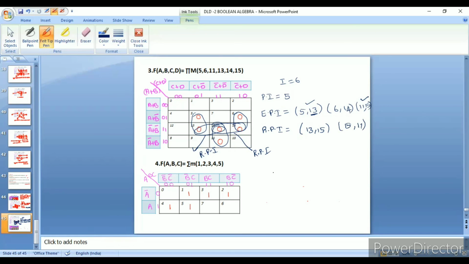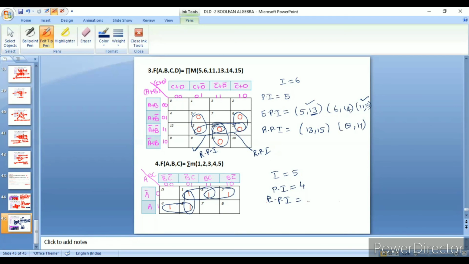So here the implicants are 5, and the prime implicants, what are the possible combinations? 1, 2, 3, 4. And what are the essential prime implicants for this particular problem?